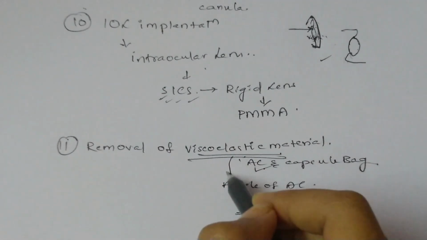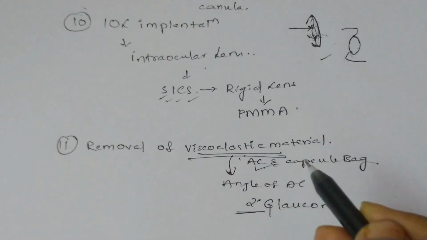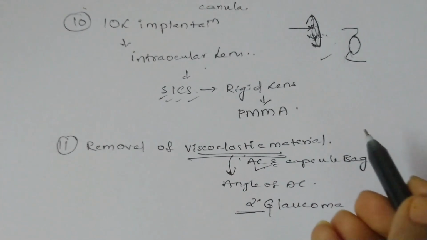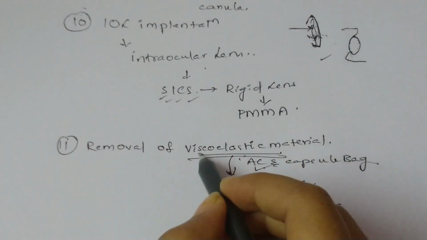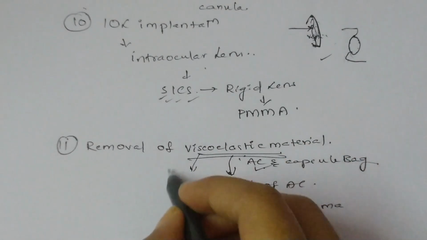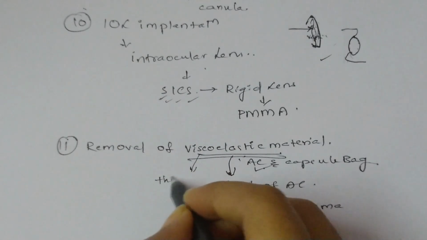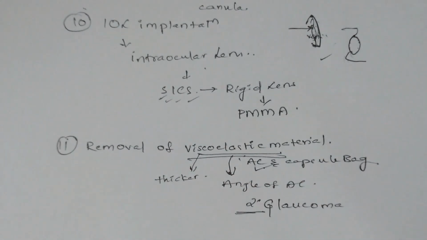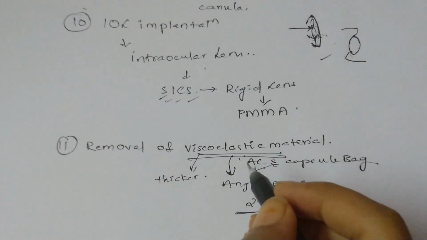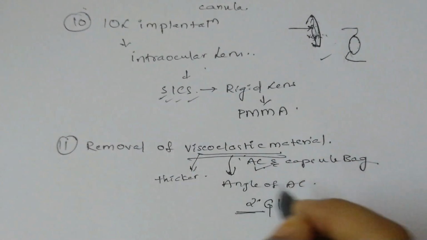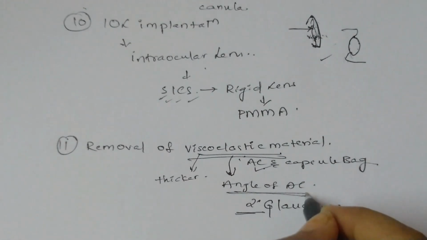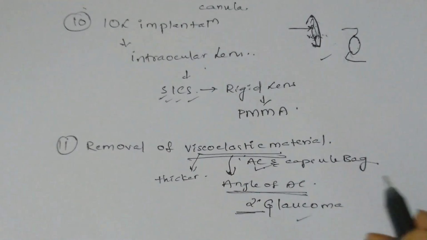Why does this viscoelastic material cause obstruction of the anterior chamber and why can't aqueous humor obstruct? Because viscoelastic material is much thicker than aqueous humor. Because of its increased thickness, it cannot flow through the trabecular meshwork, and that can cause obstruction of this angle of the anterior chamber, leading to secondary glaucoma.